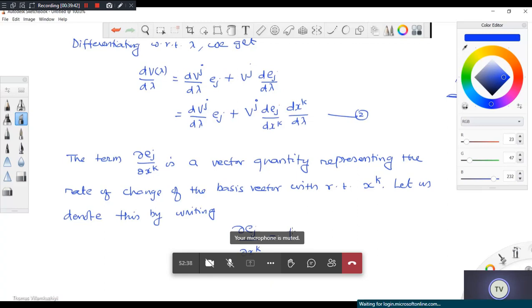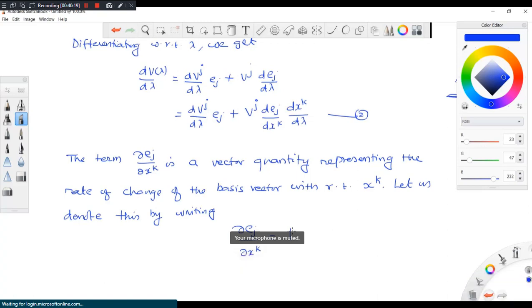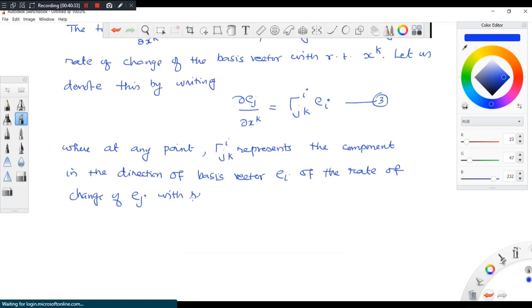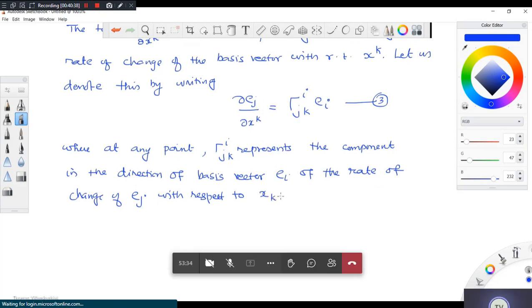At any point, gamma ijk represents the component, in the direction of the basis vector Ei, of the rate of change of Ej with respect to xk.